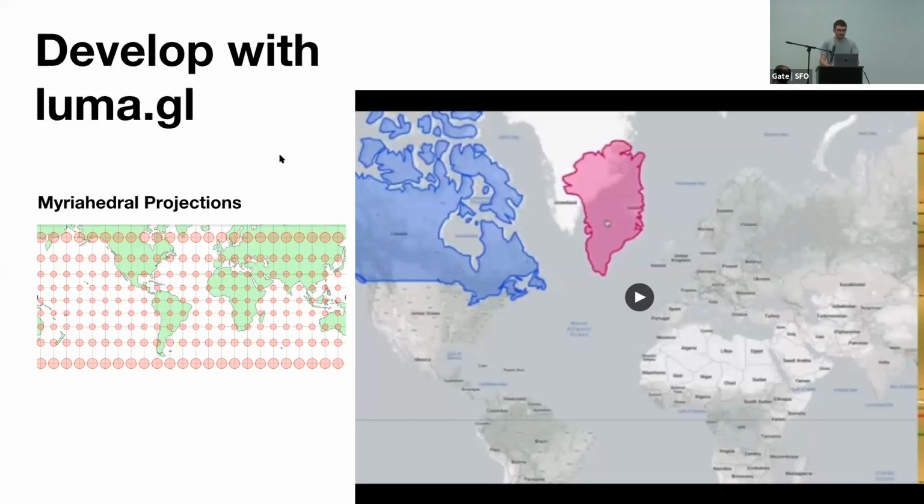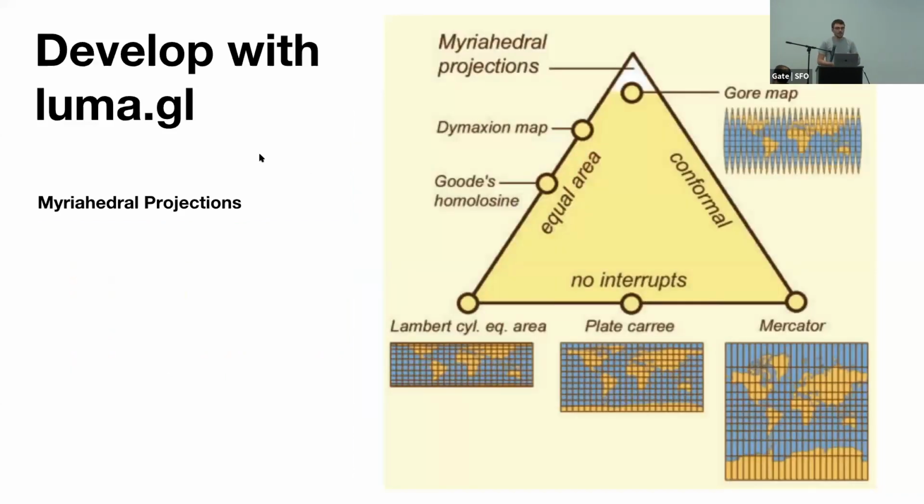So to recap what I mentioned before, on the left side of this triangle, you have equal area projections. Like on the leftmost side, you have this equirectangular projection where you see that the area will remain the same, but angles will get distorted. And then on the right side, you have Mercator projection, which is a conformal projection.